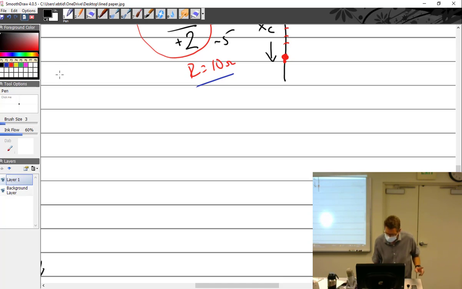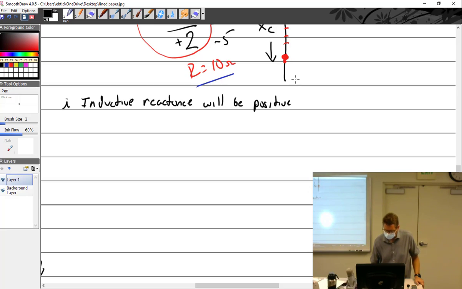Okay, inductive reactance. Did I say this? I will now. Inductive reactance will be positive because it causes voltage to lead.